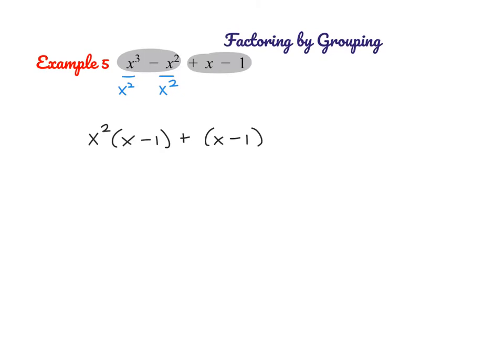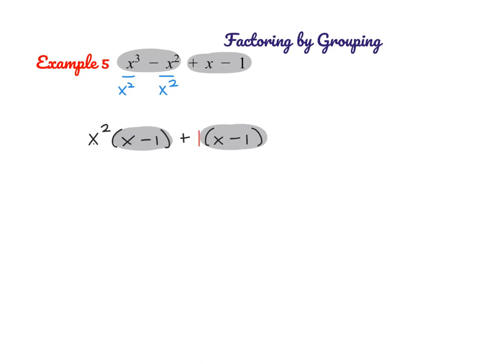So your goal when you're doing this is to hopefully end up with something like this, where you see the same factor twice. So if you do see the same factor here and here, you can take the coefficients of each of those factors. So here your coefficient is x squared. Here we don't see it, but we can actually write it in to help us.